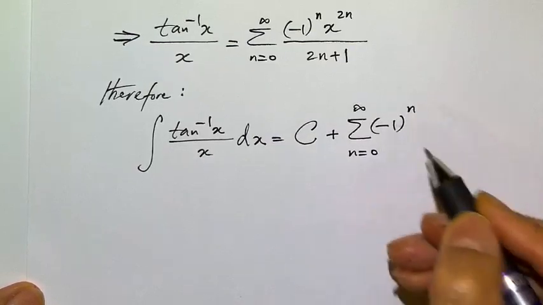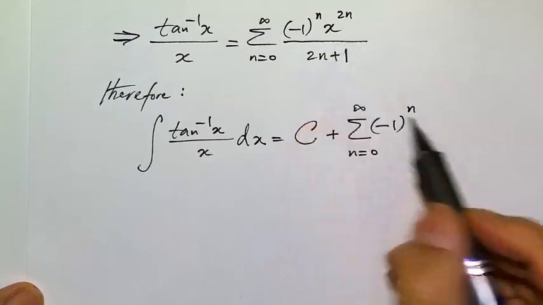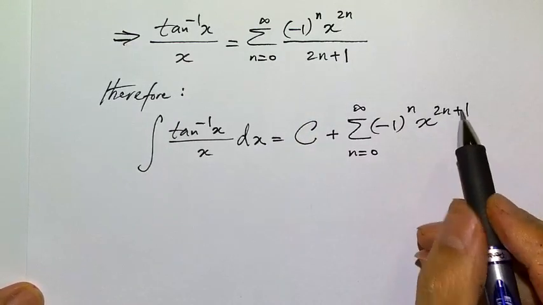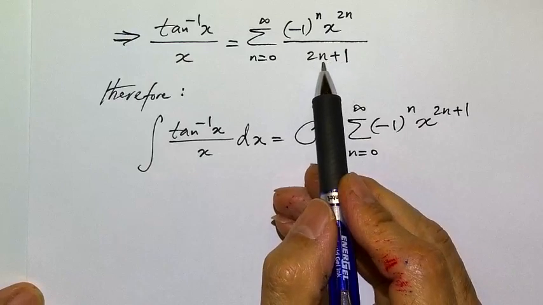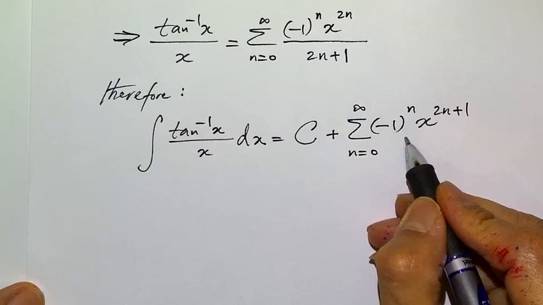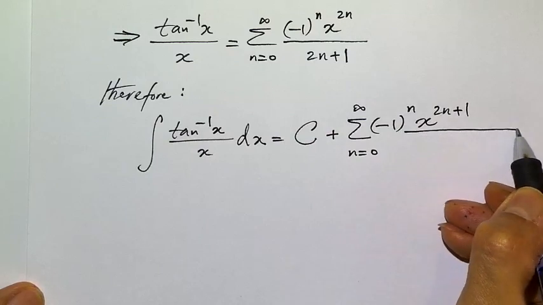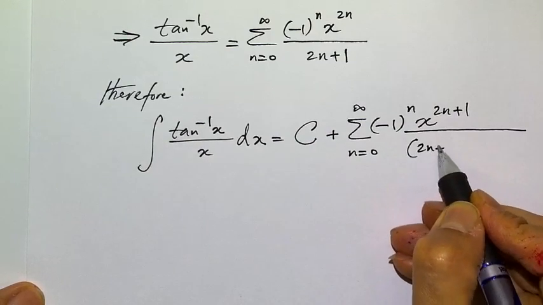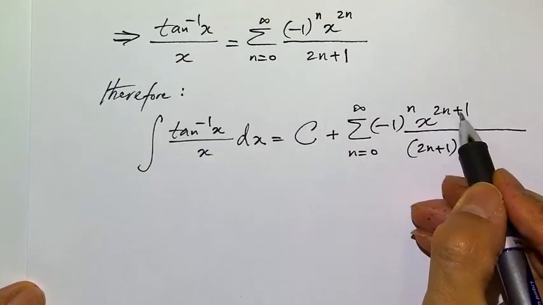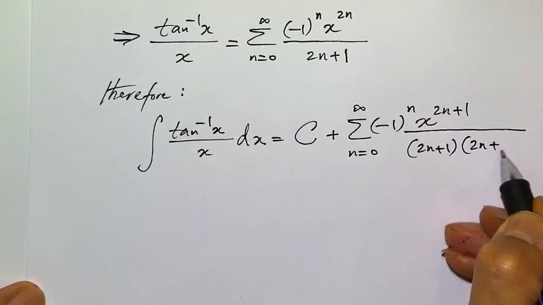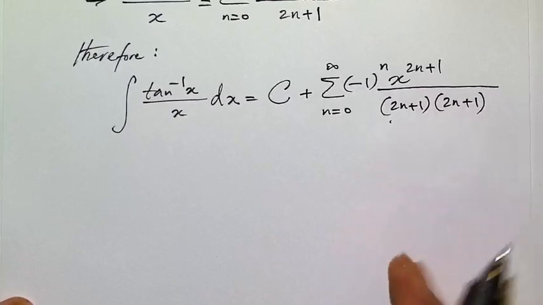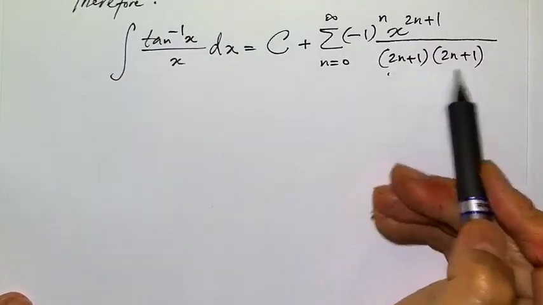The constants stay as they are, and then we get x to 2n plus 1 power divided by 2n plus 1 times 2n plus 1 power, right? So we get that divided by 2n plus 1, times again, since we're dividing by this new power, times again 2n plus 1. So obviously we can simplify this. We can just say 2n plus 1 squared.